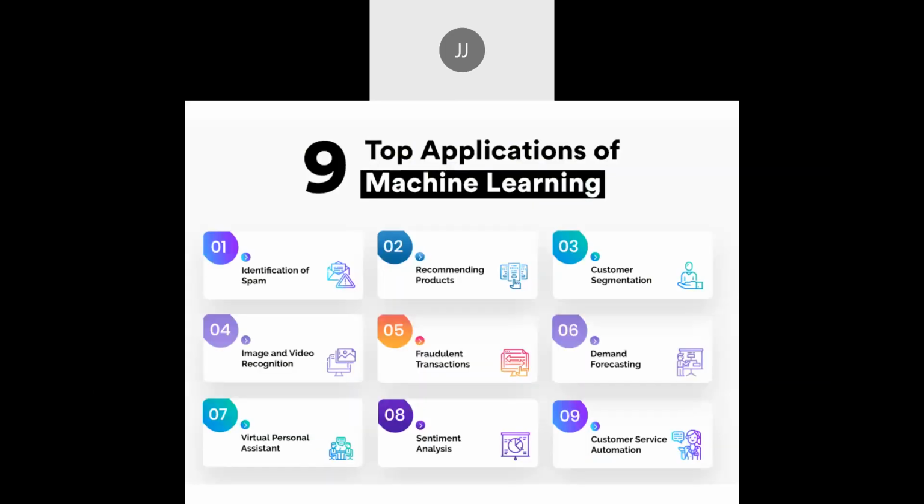Some of the top applications of machine learning: we can perform spam classification or spam identification. We can perform customer segmentation. Then we can promote products based on the group. We can also forecast the demand of certain product.